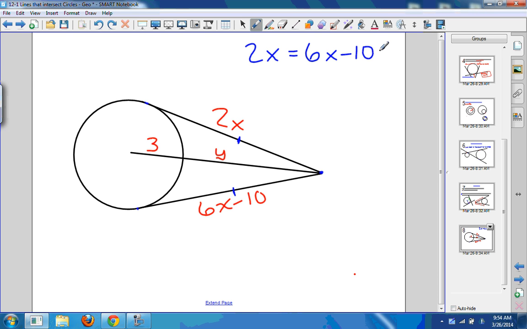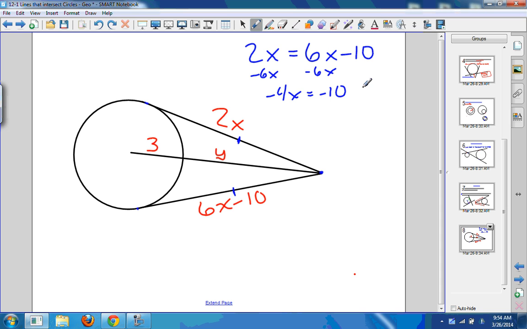And we can solve for this x to figure out what these are by subtracting 6x from both sides, minus 6x, minus 6x. And we get negative 4x equals negative 10.